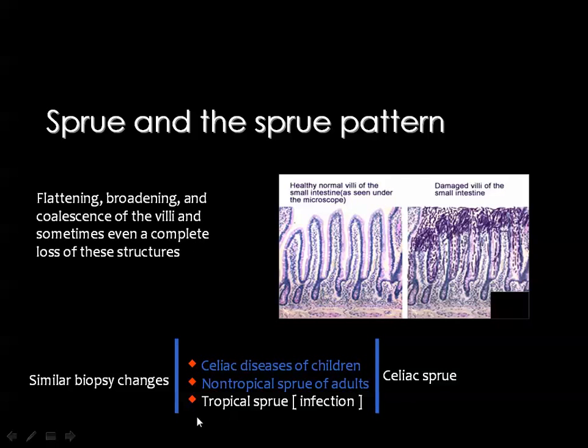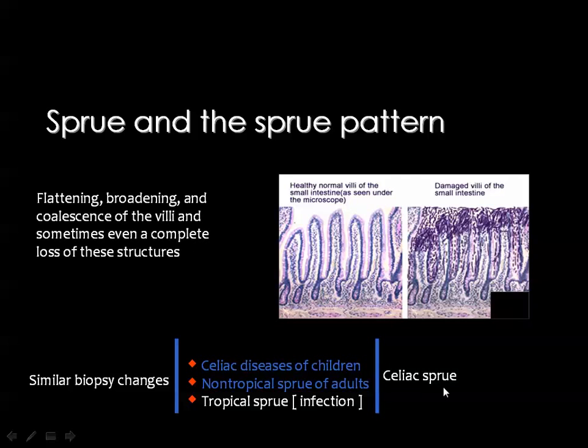You know that previously we have described what's known as tropical sprue and non-tropical sprue, but you can now describe all these categories under what is known as celiac sprue.